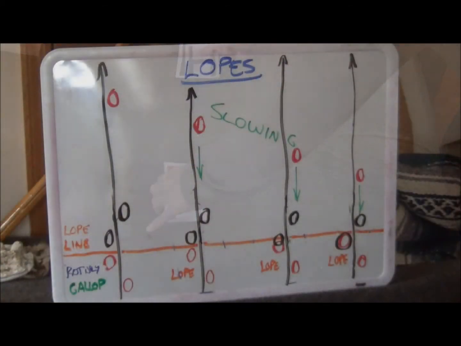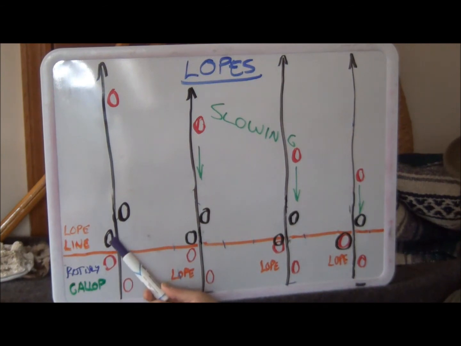Now, the next lope that you're going to wind up encountering or seeing is, now we're in a rotary gallop here, as dictated by the fact that the leading hind foot is opposite of the front feet. So it's right front hits the ground, left front hits the ground, followed by the left hind, and then the right hind.